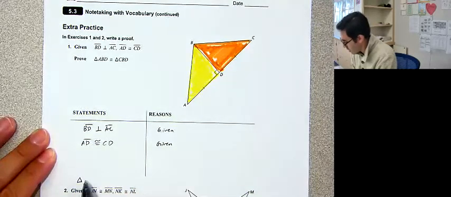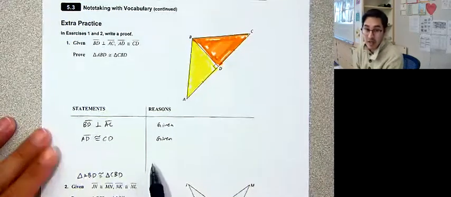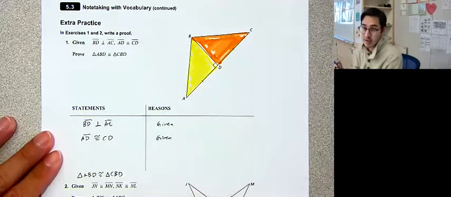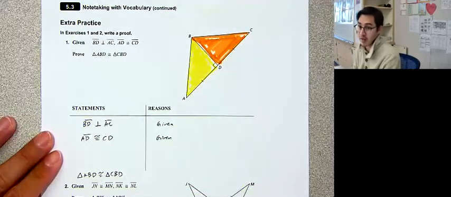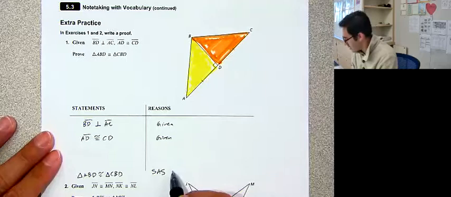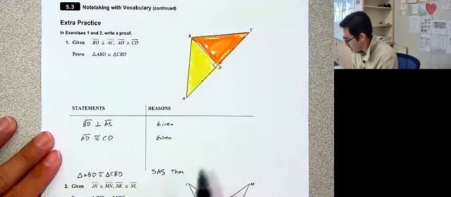And then the final thing is that the triangle ABD is congruent to the triangle CBD. And I'm already going to give away the reason here, right? The way we're going to prove this is not by showing that there are 6 pairs of congruent things, right? 3 sides and 3 angles, but it's just showing that we can find this side angle side pattern, right? So side angle side theorem.